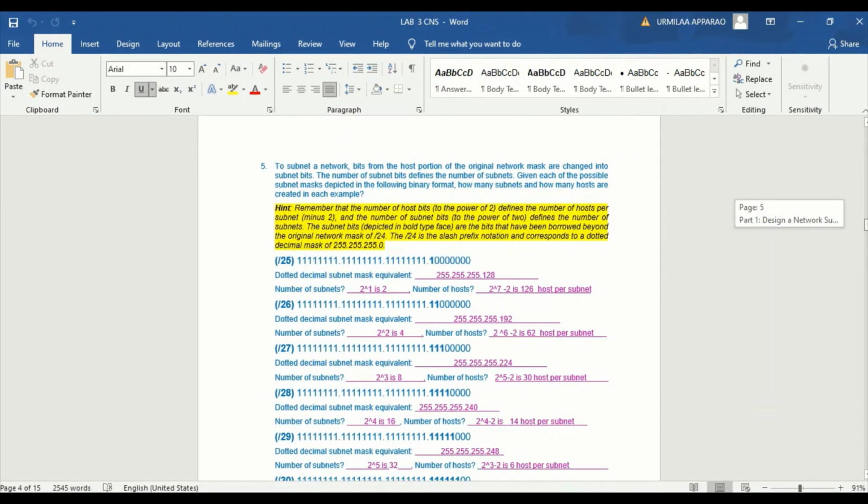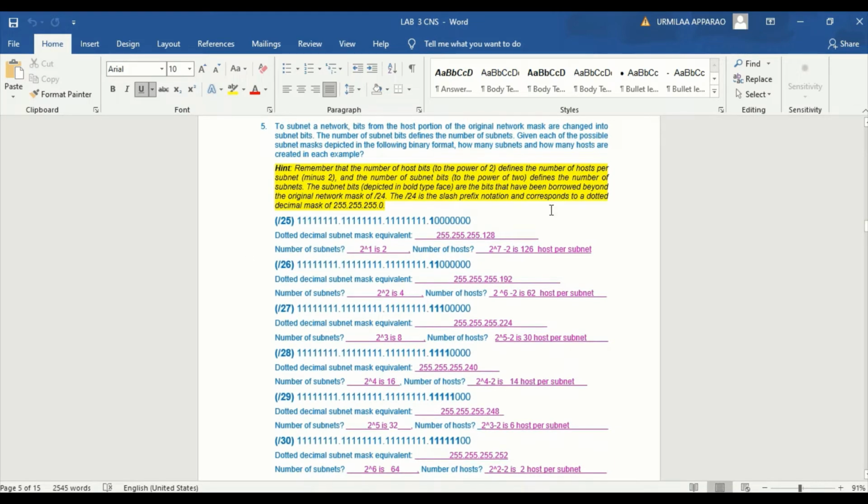The 1s represent the network and the zeros represent the host portion. Here we have the given binary numbers and the decimal subnet mask equivalents. For /25, we have 128, and 126 hosts per subnet. For /26, we have 192, the number of subnets is 4, and 62 hosts per subnet.